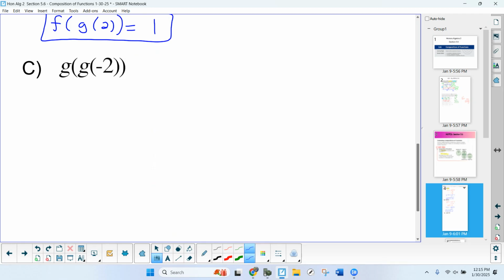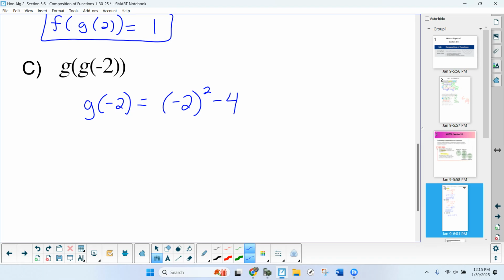All right, first it wants us to find g of what? Negative 2. So you go to function g, which is x squared minus 4. So we're going to do negative 2 squared minus 4. What's negative 2 times negative 2? 4. And what's 4 minus 4? 0.